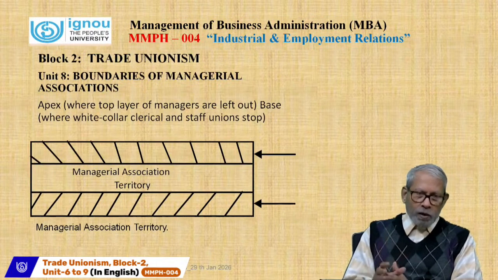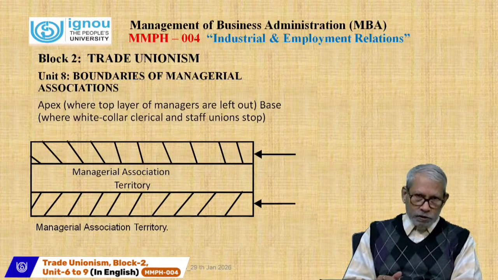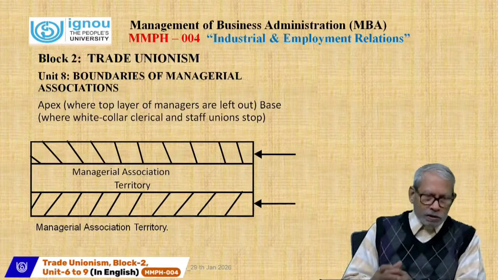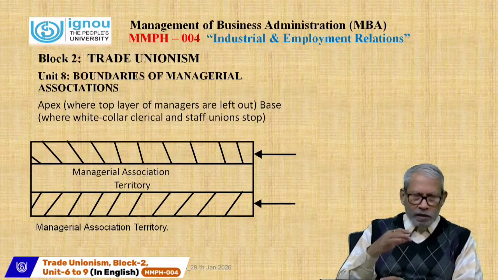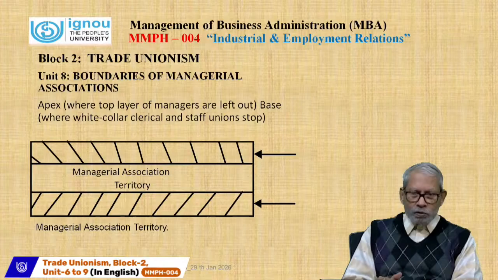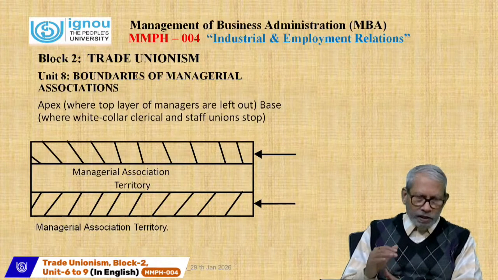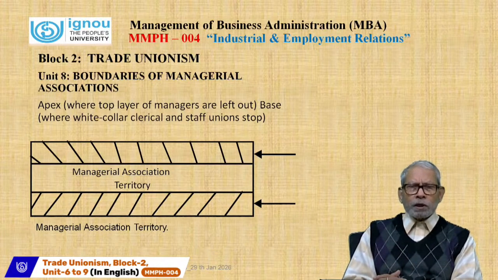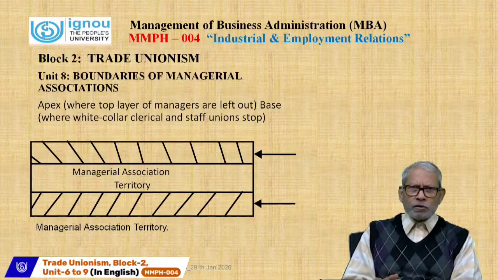Now, some of the boundaries of the managerial associations. What are the boundaries? At the apex, the top layer of the managers are left out, and at the base, where the white collar clerical and staff unions are. Normally, we are talking about trade unions, basically for worker purposes.